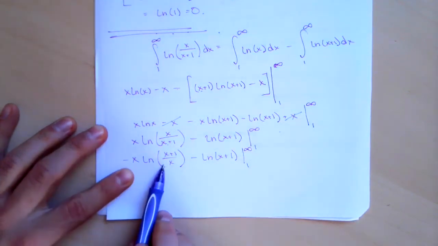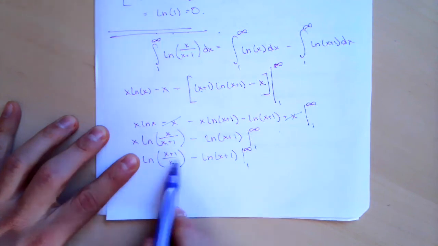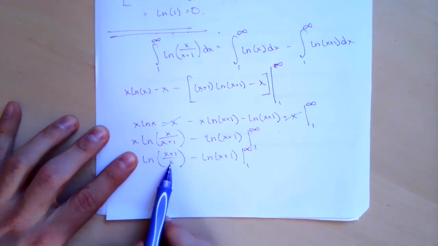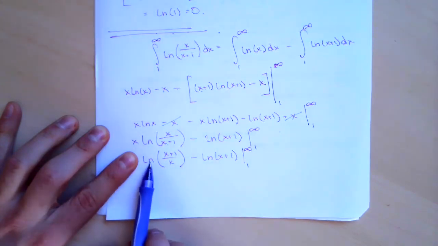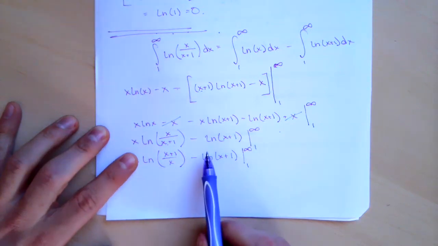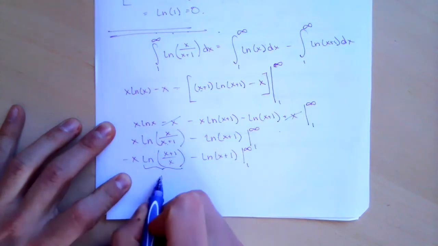Because now, what's happening when I plug in t? If I plug in infinity or really large numbers into this guy, it's going to be natural log of 101 over 100, which is slightly bigger than 1. And if it's slightly bigger than 1, natural log of that number is going to be positive, so this is a positive number.